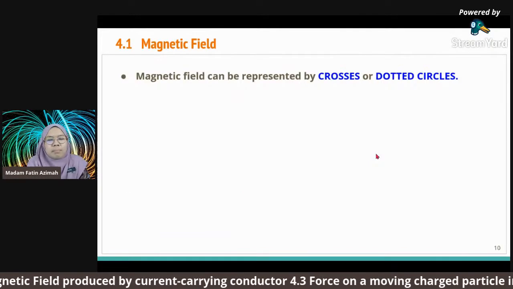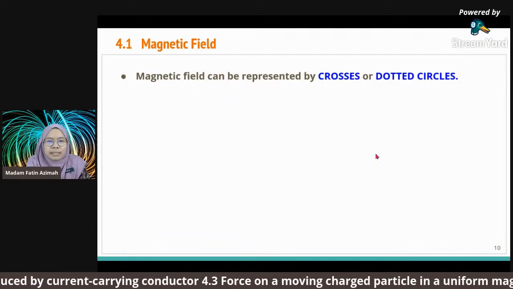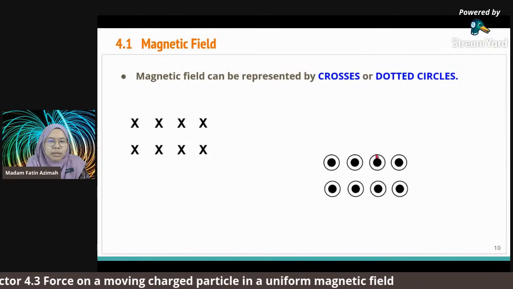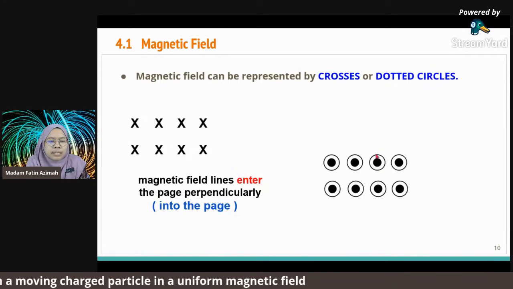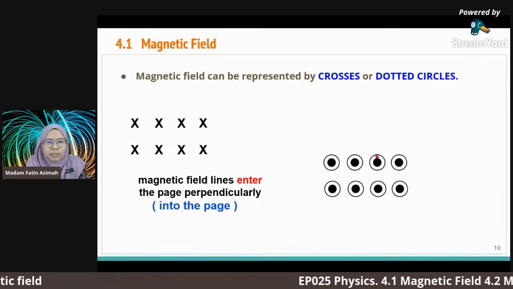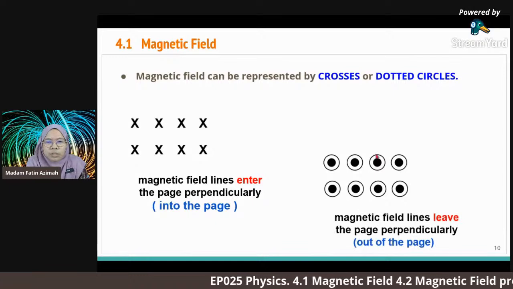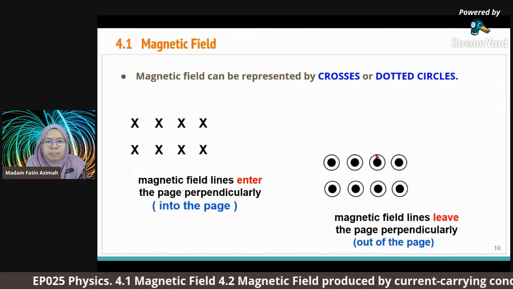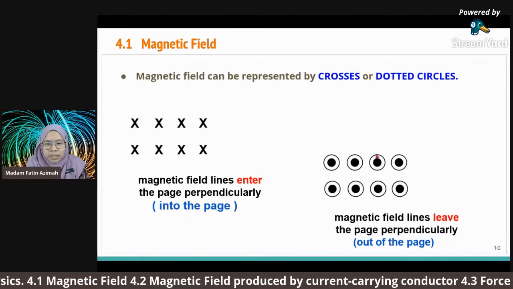Okay, besides that, magnetic field can be represented by crosses or dotted circles. The crosses indicate the magnetic field lines enter the page perpendicularly, or we can say into the page. For the dotted circles, magnetic field lines leave the page perpendicularly, or out of the page.